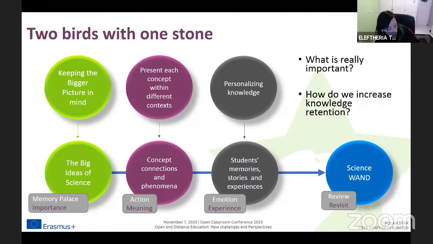So essentially it is a way for you to help your students easily revisit all they've learned, not just as a standalone concept, so not just revisiting what Newton's second law means, but also revisiting the emotions that are behind the action, so the concept in action, and also revisiting the place that this concept has within the bigger picture, so the connection to the big ideas.